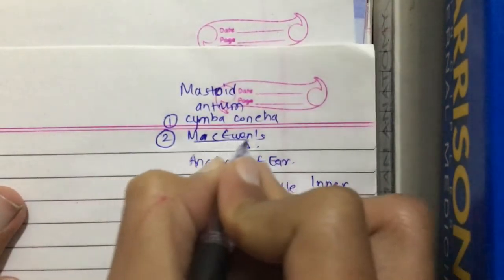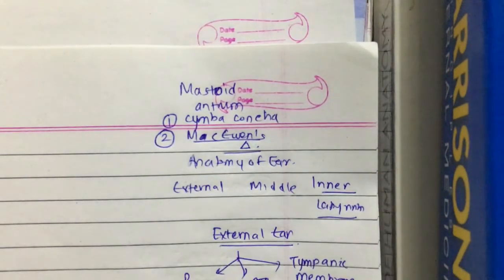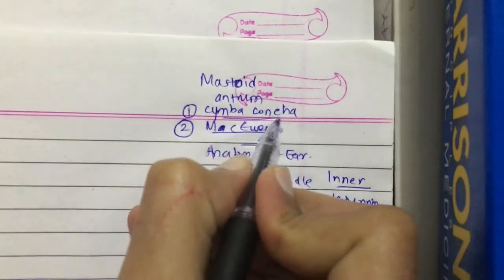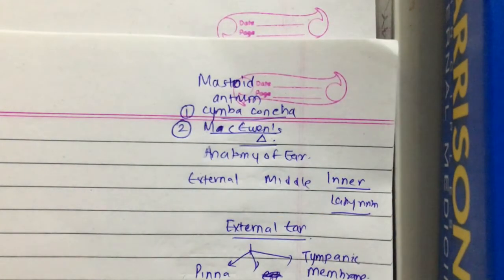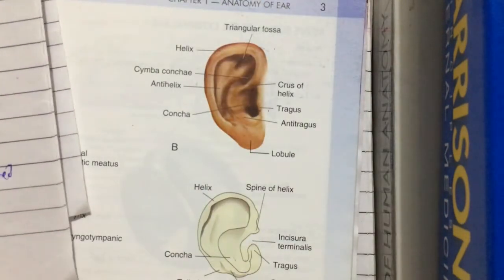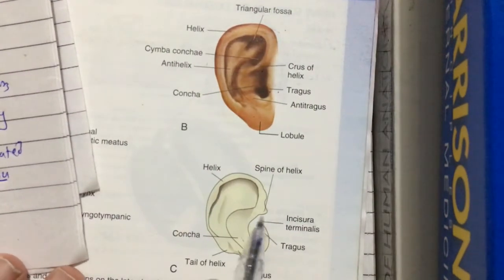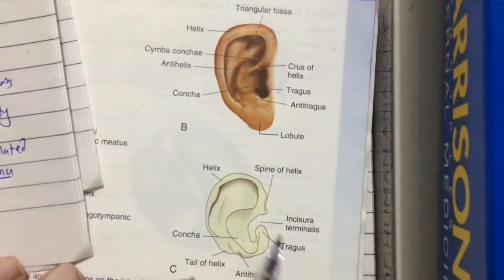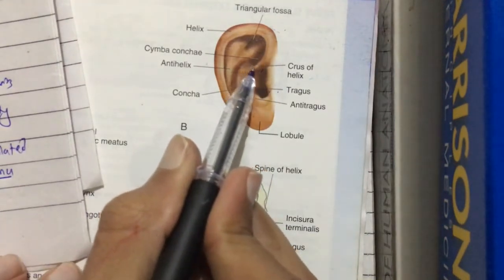We will be discussing McEwen's triangle when we discuss the mastoid antrum. But we have to remember that the cymba concha is also an important landmark of the mastoid antrum. The incisura terminalis, which is deficient in cartilage, is present between the crus of the helix and the tragus.